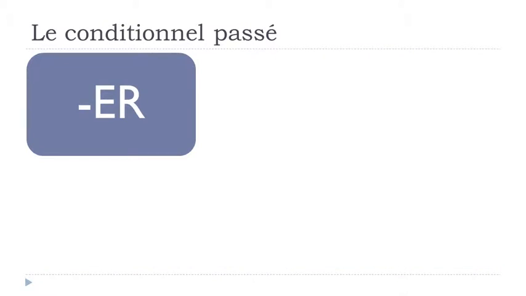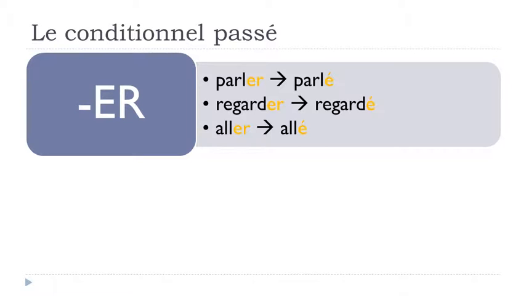And then for the second part that we use, what we call le participe passé. For the first group of verbs, we talk about the verbs ending at the infinitive form with er. These verbs are quite easy.